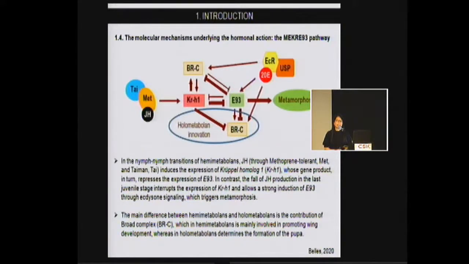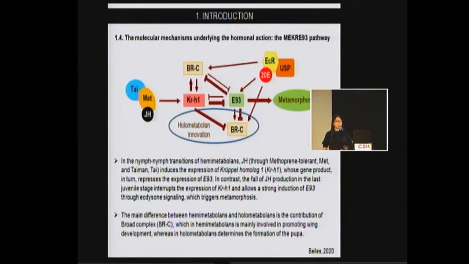So during the young instar, the immature insect, juvenile hormone induces the expression of Krüppel homolog 1, which in turn represses E93, the promoter of metamorphosis.